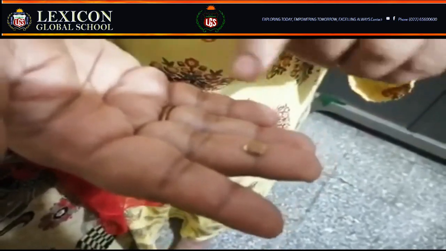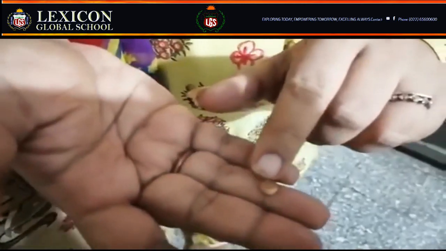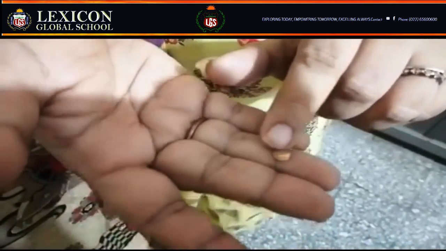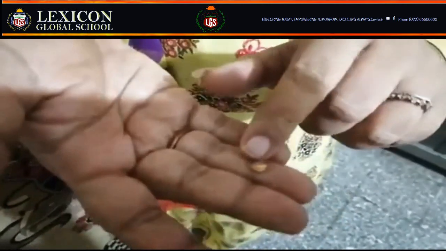Mama makes masoor curry. Okay, this you can see the white thing. The white thing is the embryo. From this the new plant will grow. And you can see this brown cover on it. That is the seed coat which protects the seed.